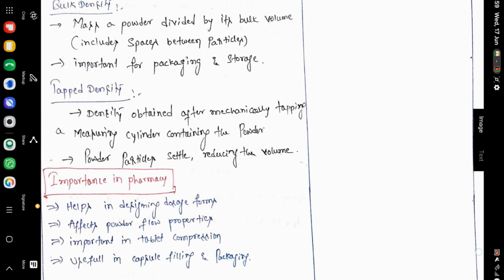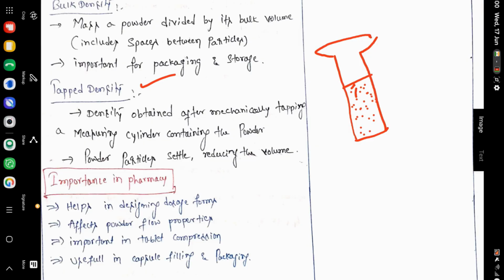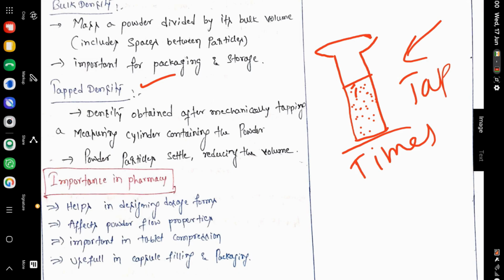Now, what is tapped density? For example, we are taking the powder particles in a measuring cylinder. Initially the powder particles are present up to this mark. Then we tap this measuring cylinder, which contains the powder sample, a certain number of times.